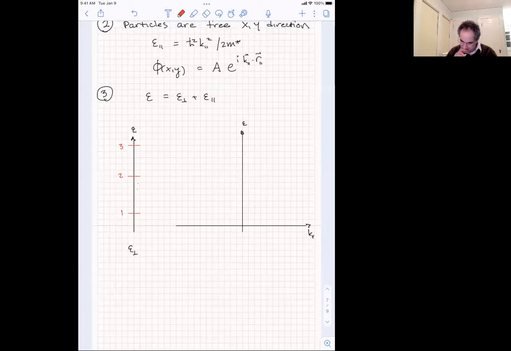And then we have to include now when we look at the total energy, both the energy associated with the confinement here and the kinetic energy in plane. What that means is that we're going to have not single states, but subbands of states. Well, this is going to be a little hard for me to draw.